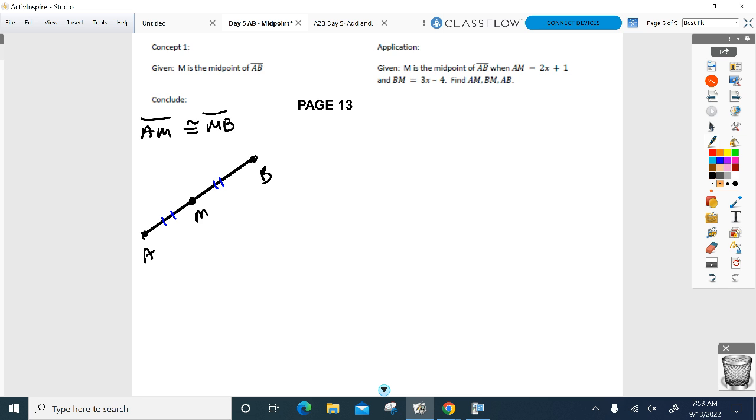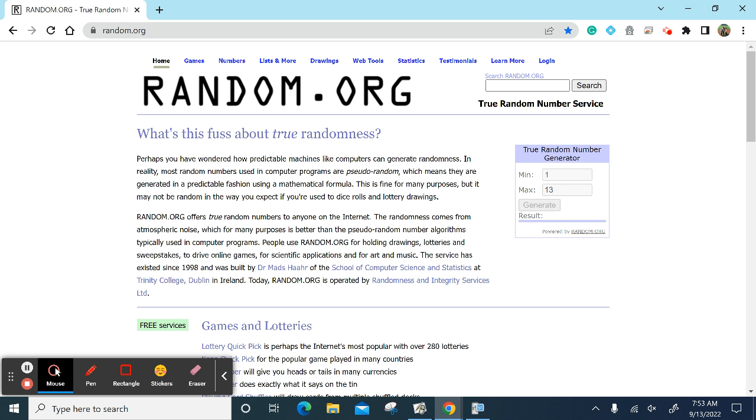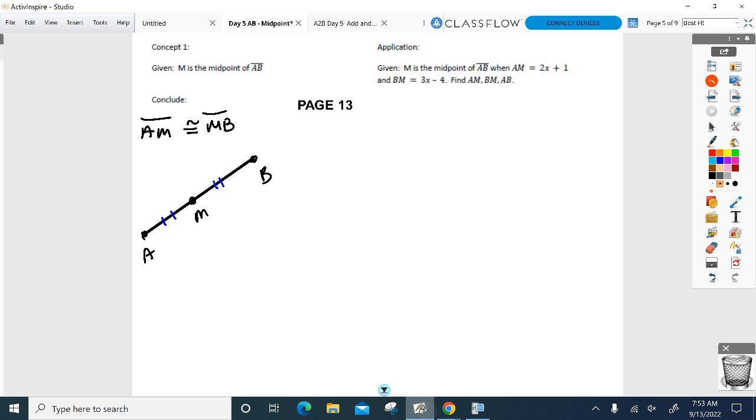All right, let's do some algebra with it now. Given M is the midpoint of AB, if you want to use your same diagram, that's fine. You don't need to redraw it. AM, what am I telling you now? No line segment symbol. What am I telling you? It's not equal. It's not equal? Or it's not congruent to AB.